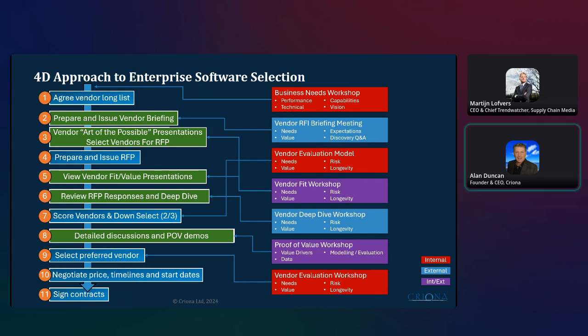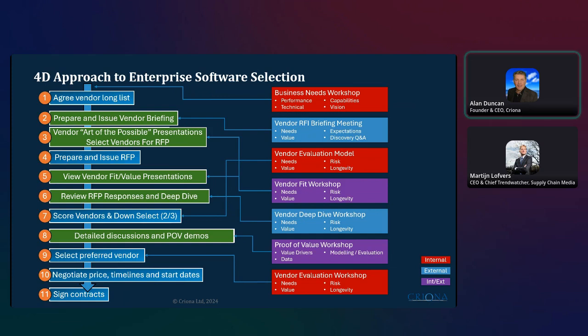And rather than prescribe to them what you want them to show you, we prescribe to them what outcomes we are looking to achieve, and we invite the vendor with a blank sheet of paper to show what they are capable of bringing to the business. And that's step 3, the art of the possible presentation.